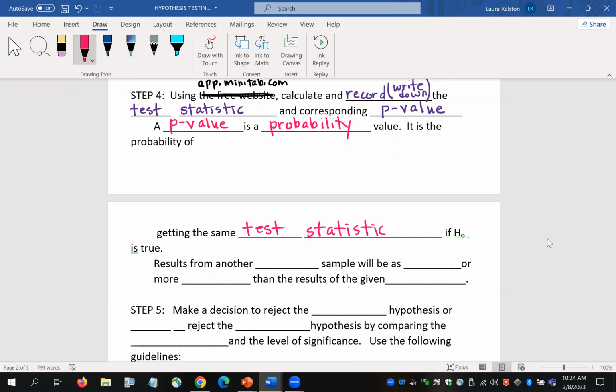Even if we had 3 or 4 different juries hear the case, they would still all come to the same conclusion, that results from another random sample will be as extreme or more extreme than the results of the given sample.